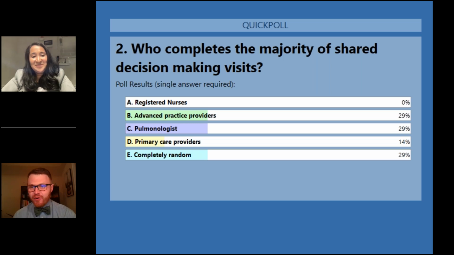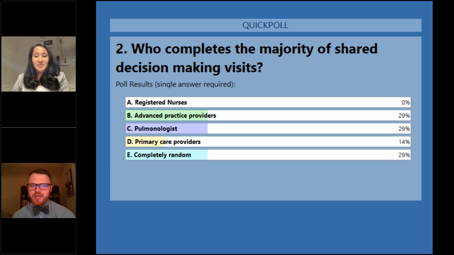Yeah, look at that. We're kind of split across the board. It's interesting that 0% of people said registered nurses. Something else that I think is important to this process is that everybody practices at their highest level. The shared decision-making visit per CMS is a G code that is billed out to patients, and registered nurses and care coordinators are able to see patients for shared decision-making visits and bill those out.